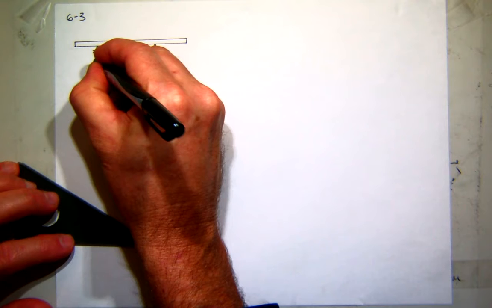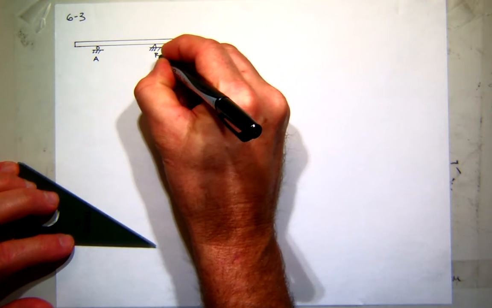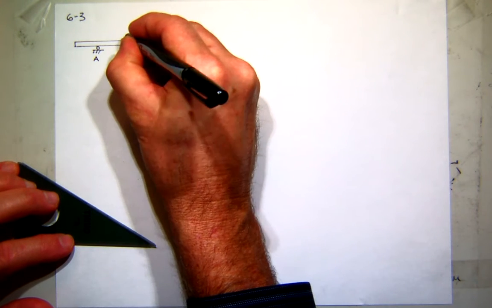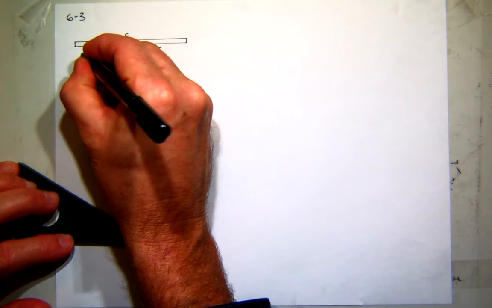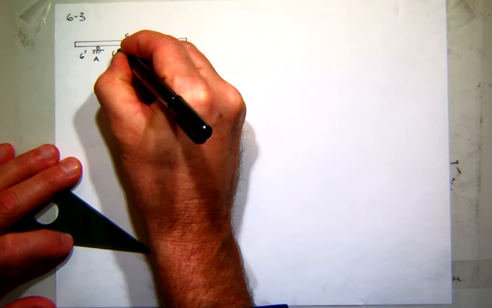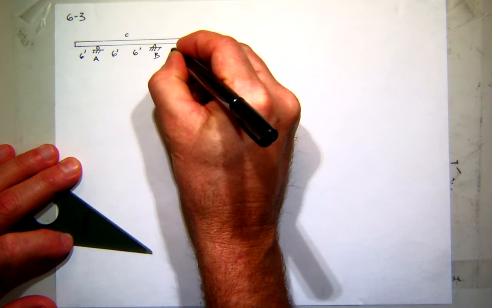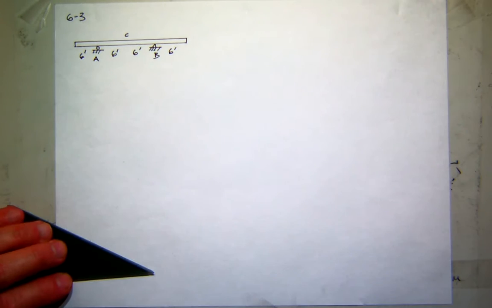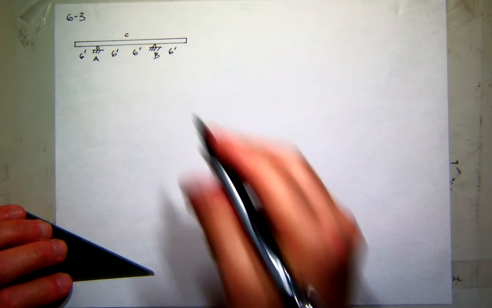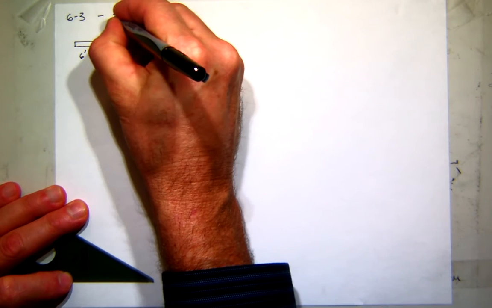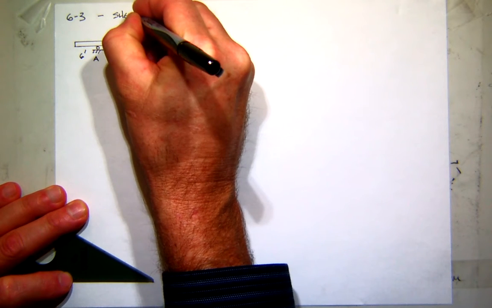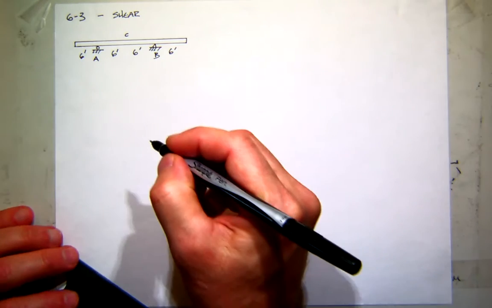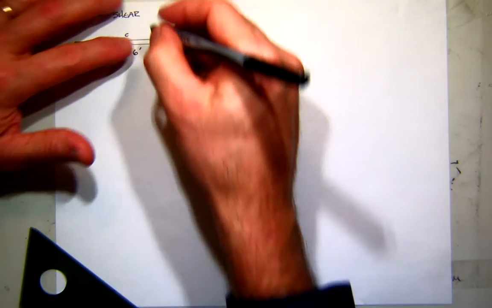So this is A, B, and C is right in the middle, and these all have the dimensions of 6 feet. And the thing that we're going to work on today is the shear to the left of B.